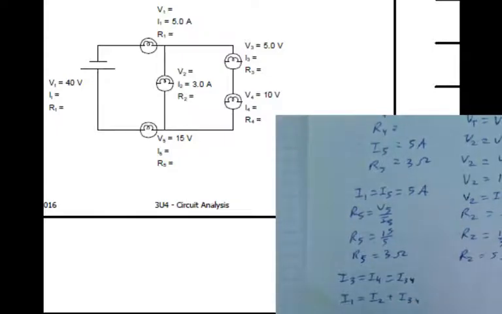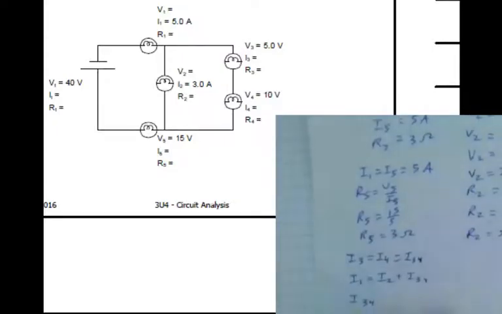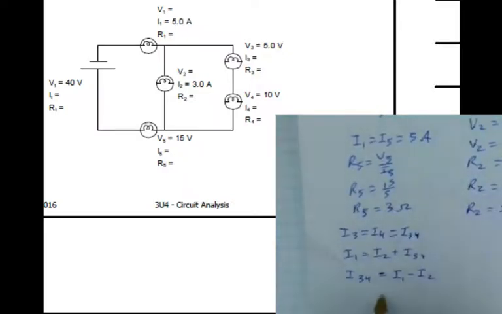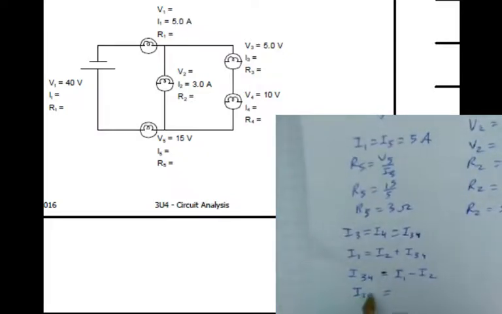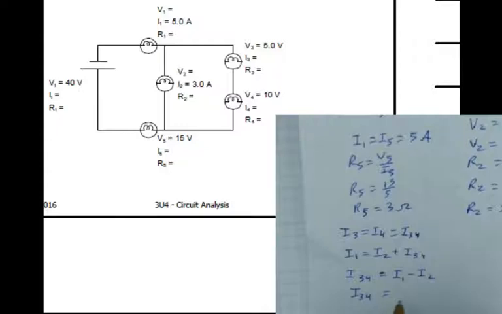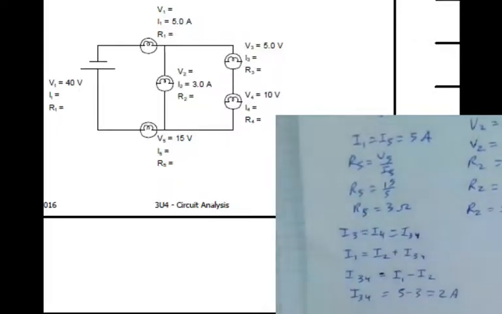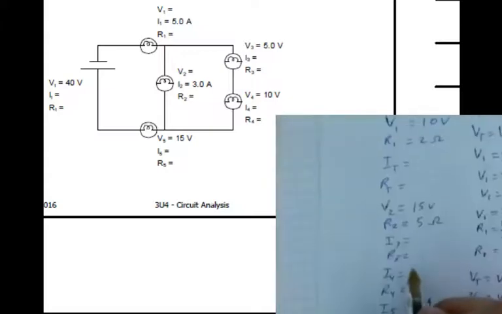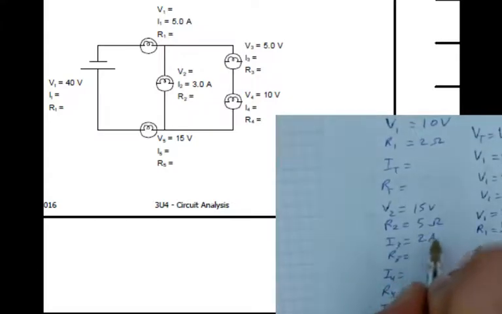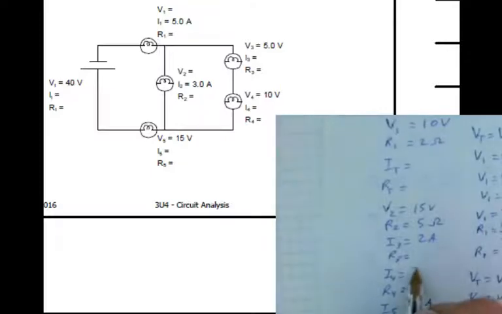So I34 is equal to I1 minus I2, which is equal to 5 minus 3, or 2 amps. So for both 3 and 4, I can write in 2 amps.